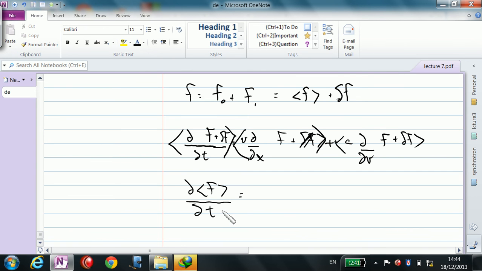If I put the brackets outside the time derivative, it would be the same thing. It would refer to the slow evolution. And this, I think, totally vanishes.